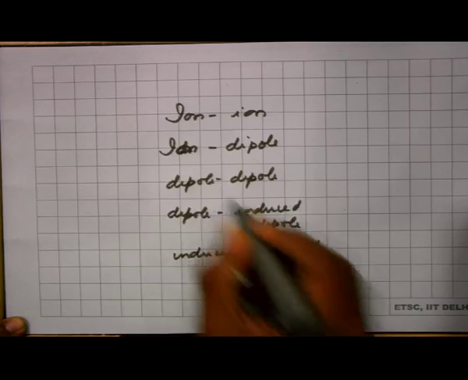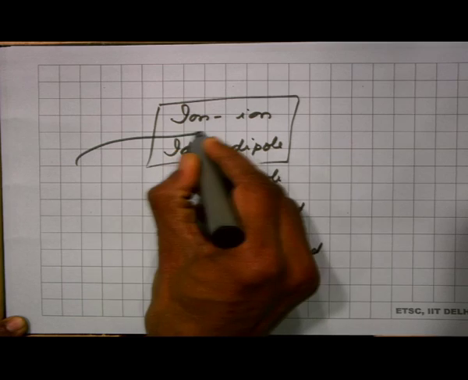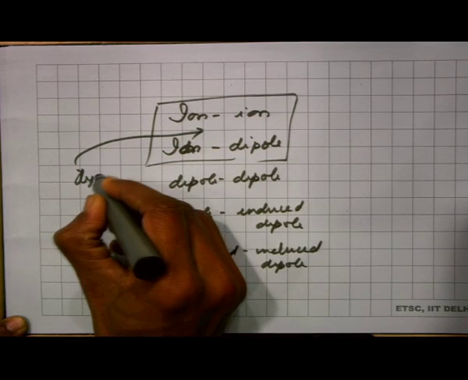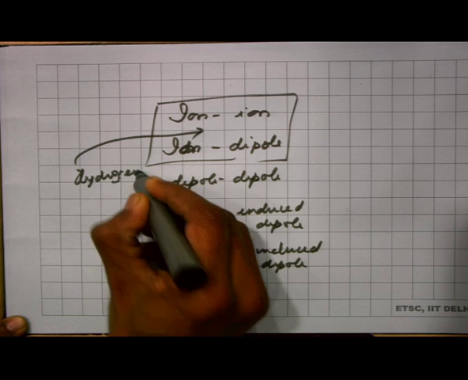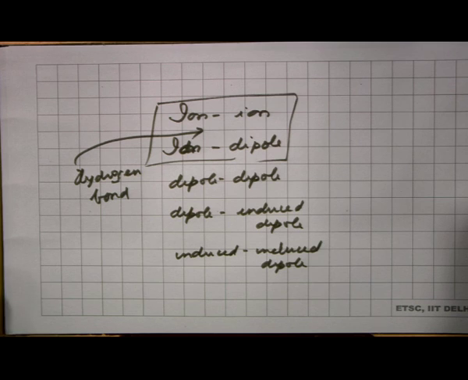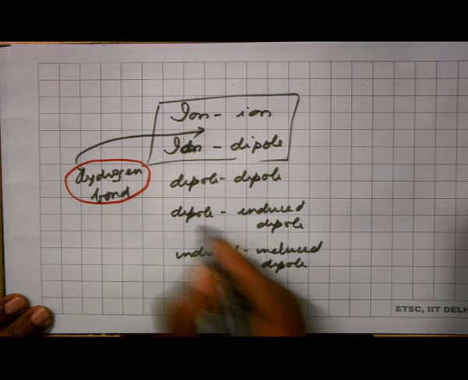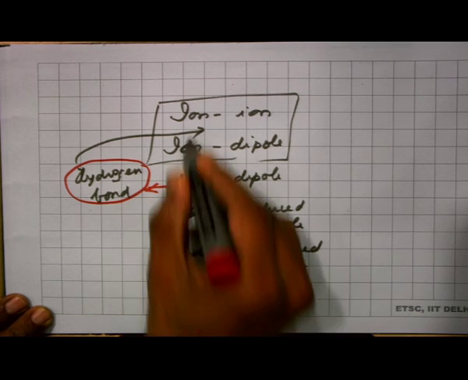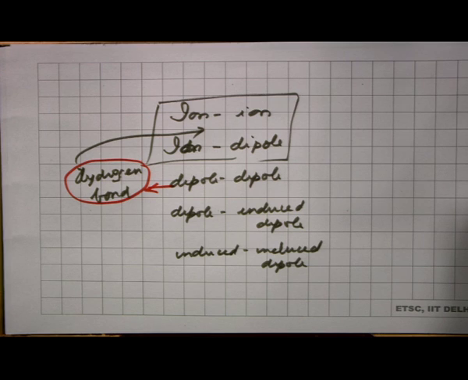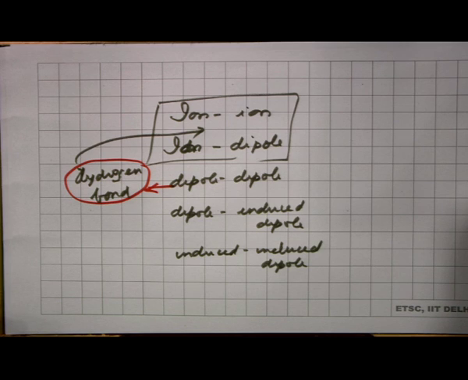So, we have done this thus far, and in terms of sizes, hydrogen bond will be here. It is special in some sense, so I will circle it in red. It is a type of a dipole-dipole interaction, but it is stronger than a typical dipole-dipole. We will come to that after we have discussed the dipole-dipole.